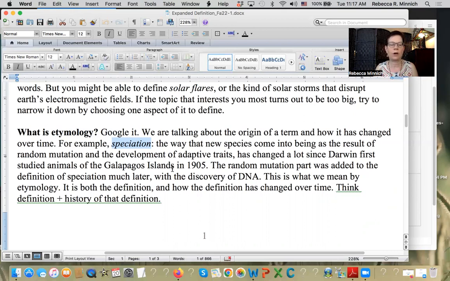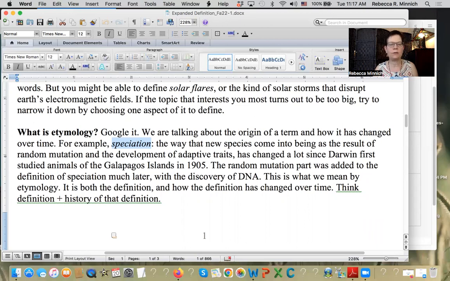So when Charles Darwin first studied animals on the Galapagos Islands and published his famous Origin of Species in 1905, that whole idea of speciation was limited to what Darwin could observe about the adaptive traits that different birds and animals that he observed developed based on their environmental conditions, right? He didn't know about DNA.